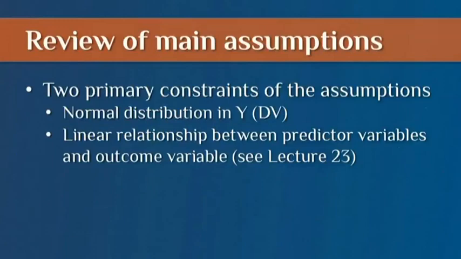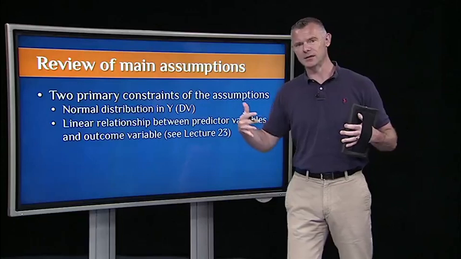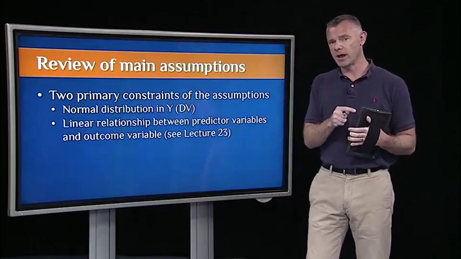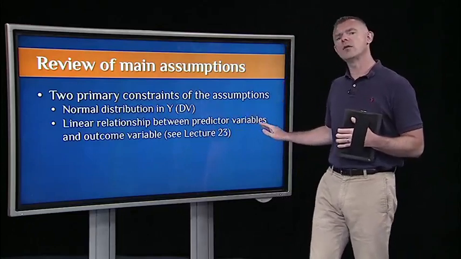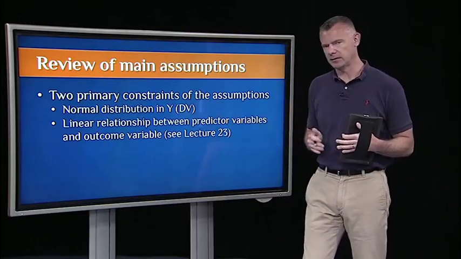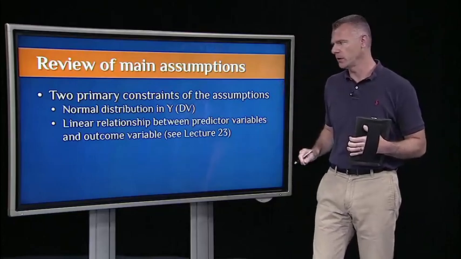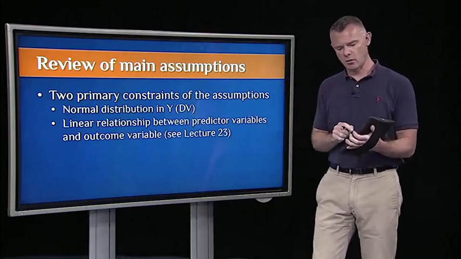That's where we'll talk about this more general mathematical framework called the generalized linear model. You already saw one example of how we can do that with binary logistic regression. In lecture 23, we'll look at other ways we can bypass this assumption of a linear relationship between the predictors and the outcome. But here I'm going to focus on the assumption of a normal distribution in Y.